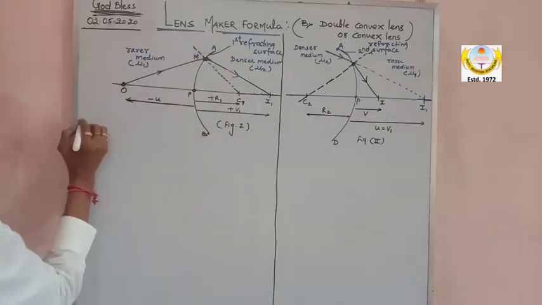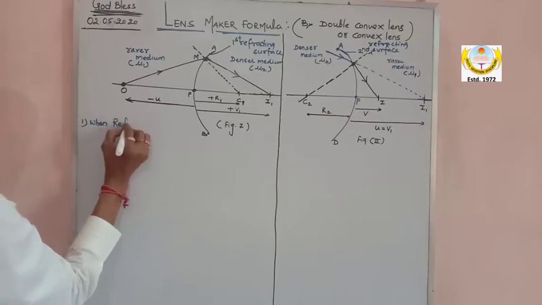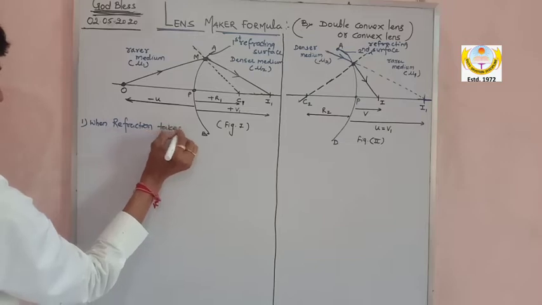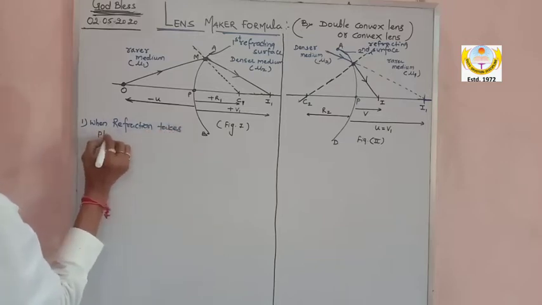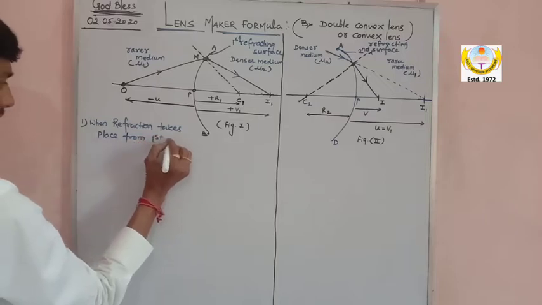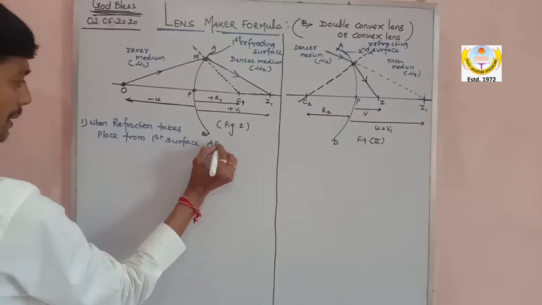So here I am writing: when refraction takes place from the first surface, the name of the surface is APB.